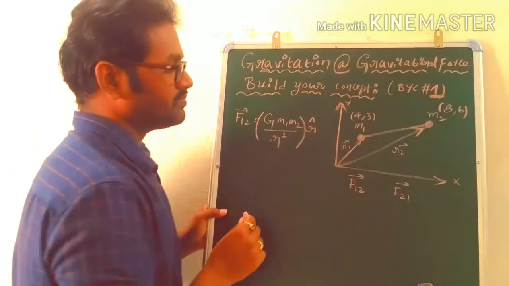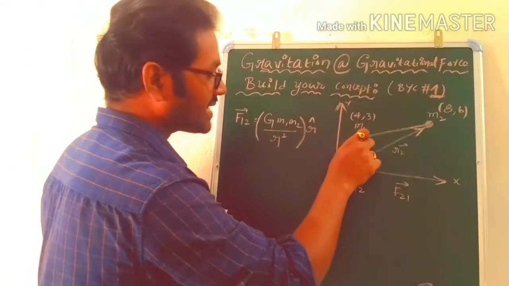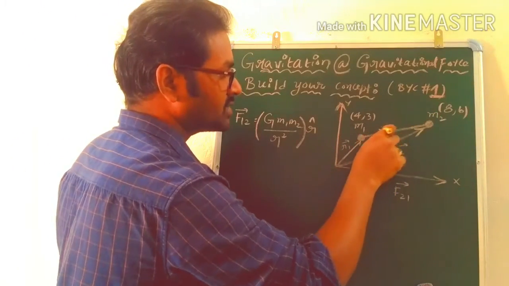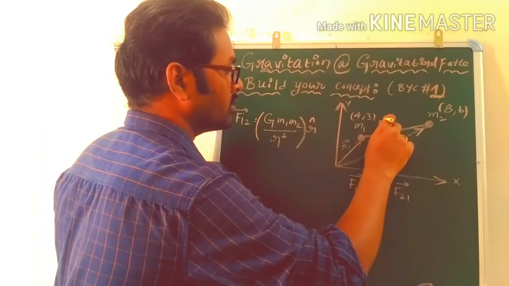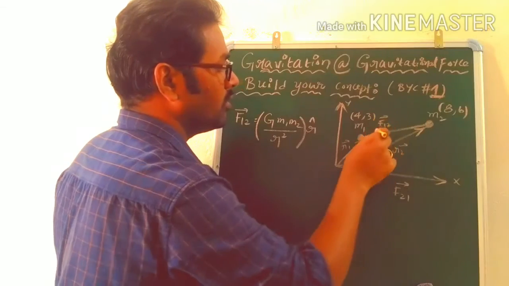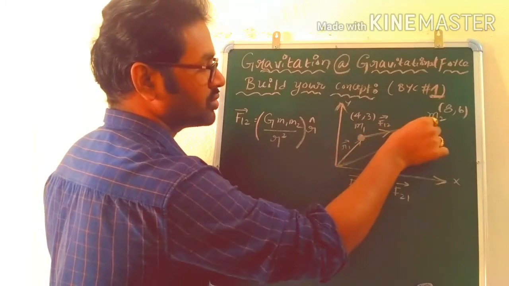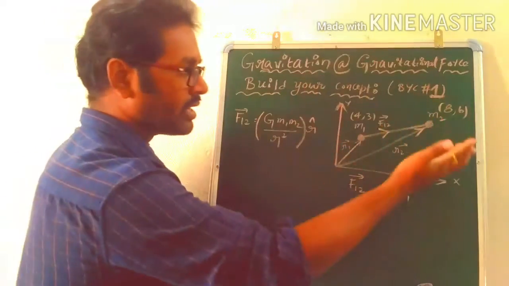Between these two masses, the force acting on particle 1 due to 2 is acting towards particle 2. So F12 bar is the force acting on the first particle due to the second particle. The arrow is towards M2.